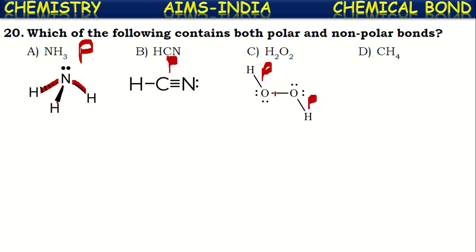But if you observe the bond between oxygen and oxygen, here both atoms have the same electronegativity because they are the same atoms. So the bond will be a non-polar covalent bond. In that way, this molecule has a non-polar covalent bond as well as polar bonds. Right? This is a molecule.